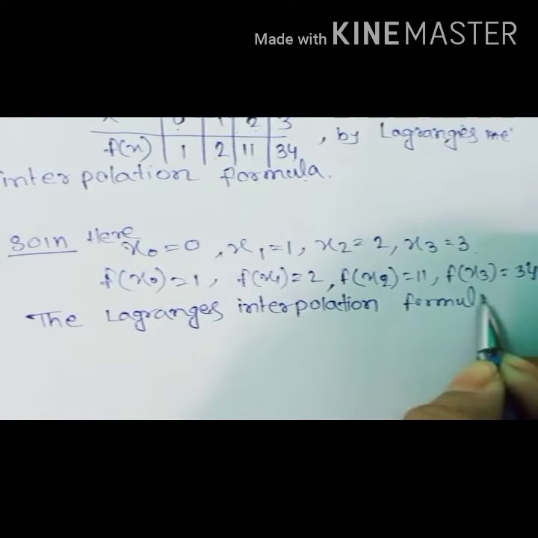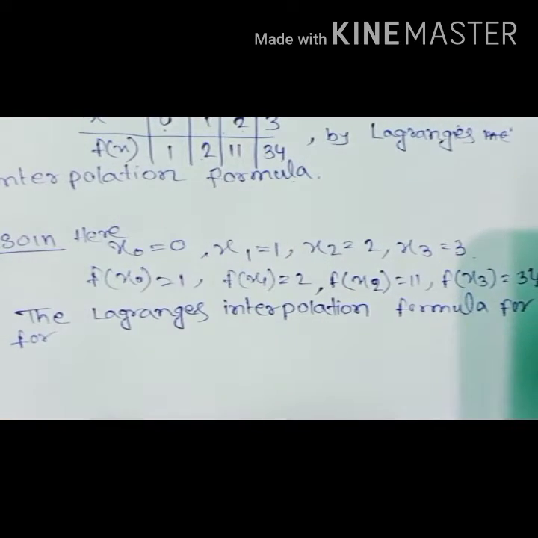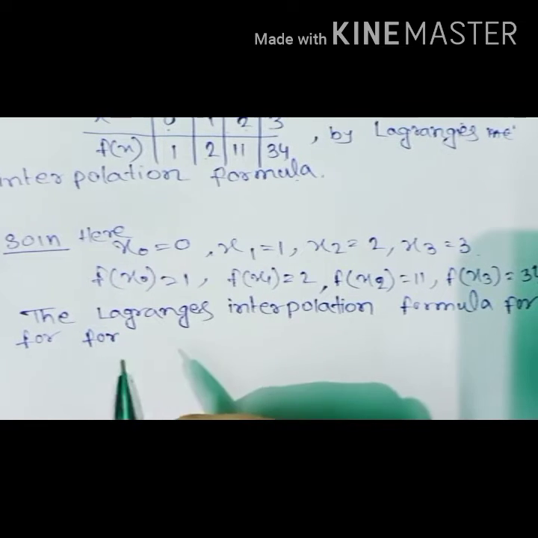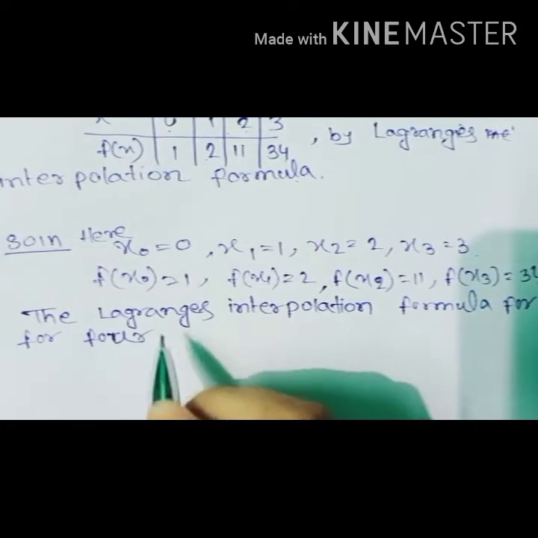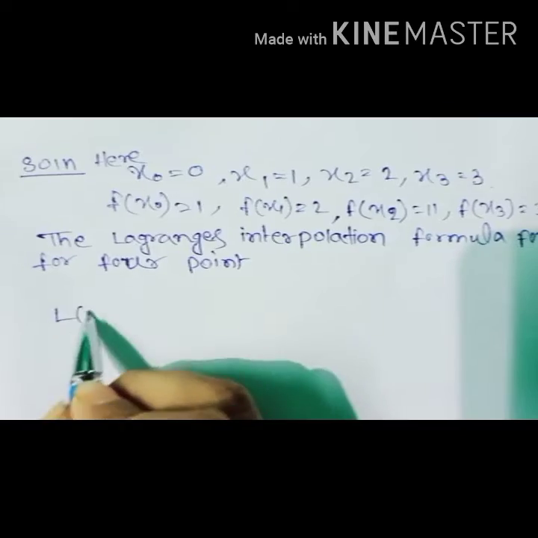For 4 points. Previously we derived the general formula for n plus 1 points, and here we are doing it for 4 points. So what will be the formula Lx?